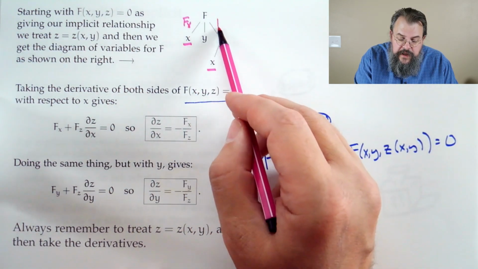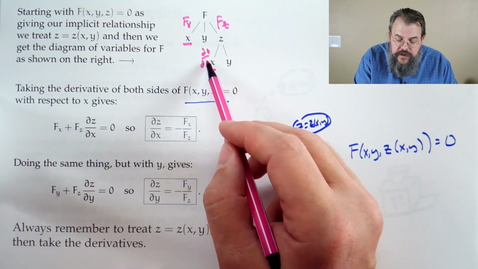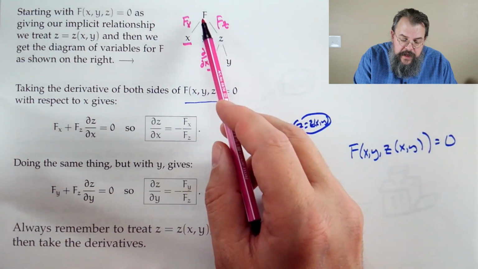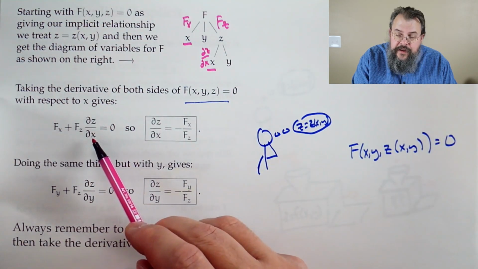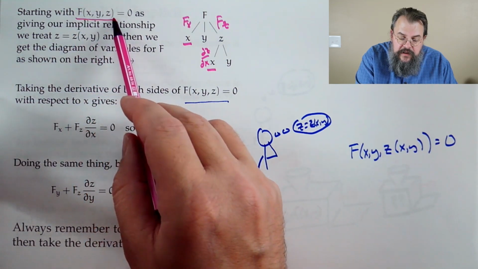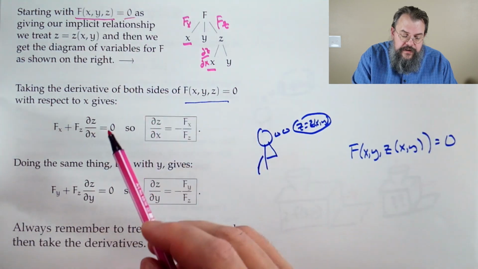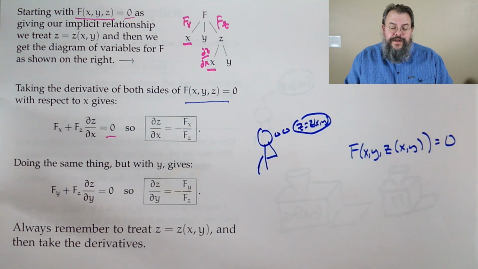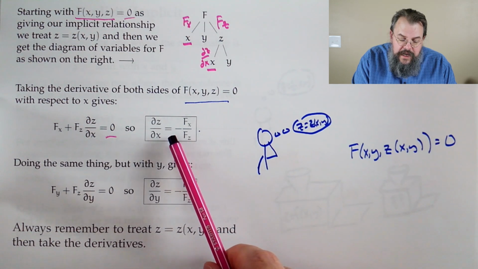Then there's this derivative, f sub z, and there's that derivative, which is partial z partial x. So working down, we have f sub x plus f sub z times partial z partial x. That's the derivative with respect to x of the left-hand side, and it has to equal the derivative of the right-hand side with respect to x. But that's 0, and it's easy to take that derivative: you get 0.